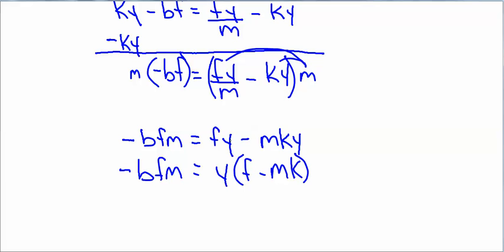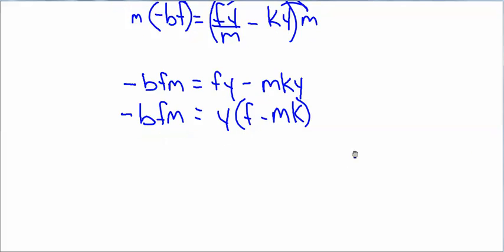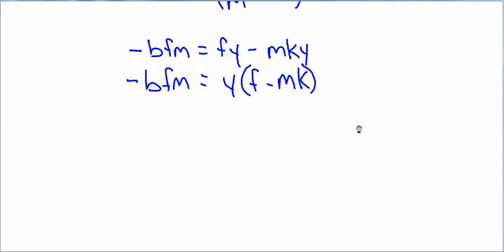Alright? You pulled the y out of the fy, and you pulled the y out of the mky, and you put it in front of the parentheses, and you left the f minus mk in parentheses. So now you're getting closer to being able to get this variable sitting by itself.